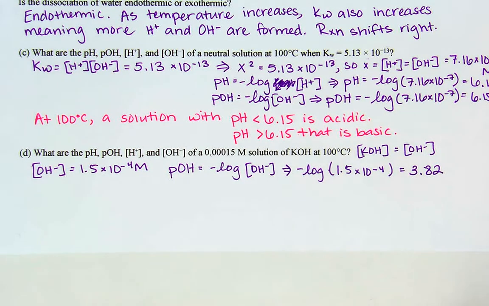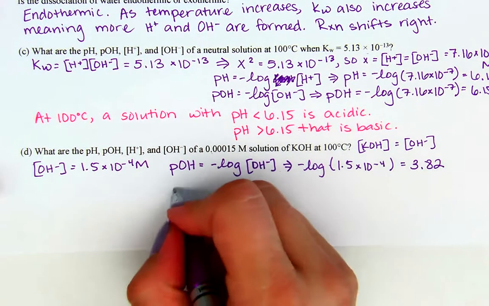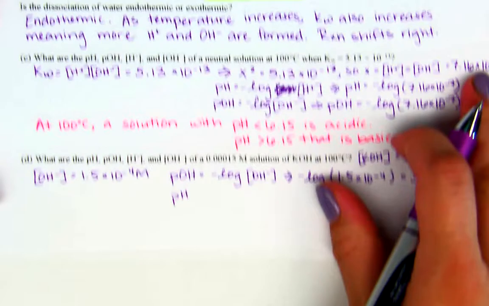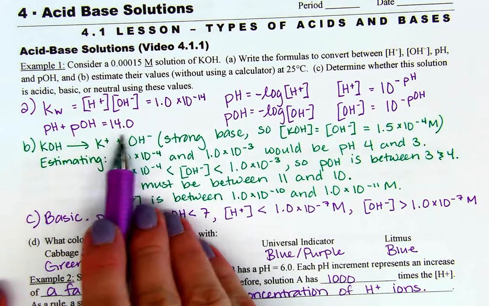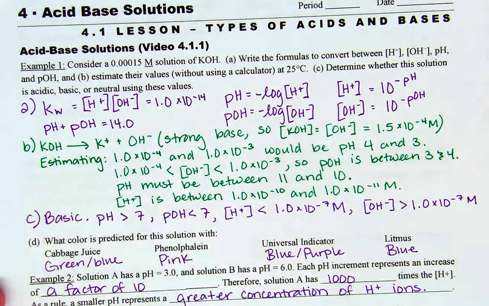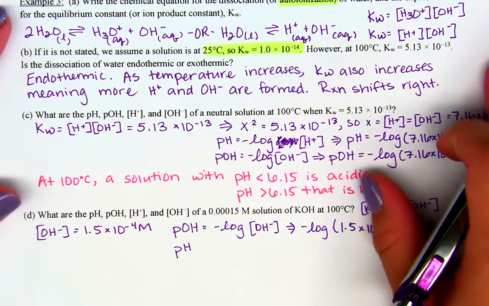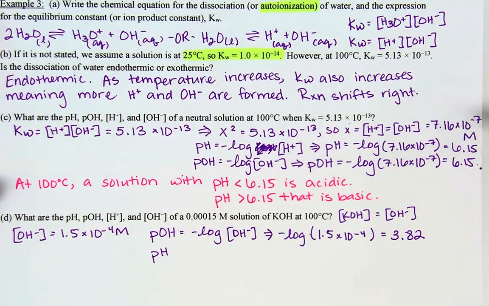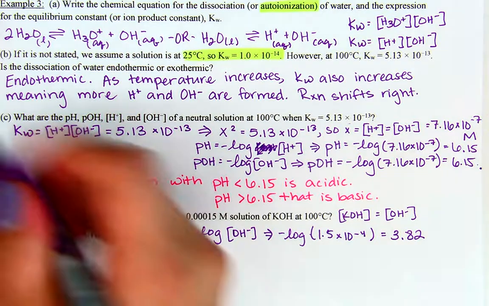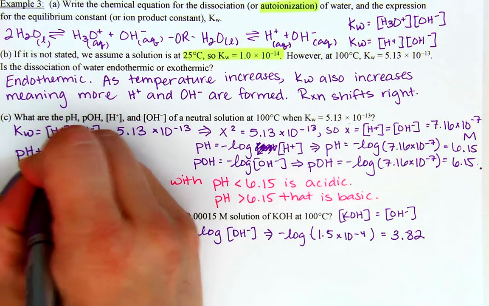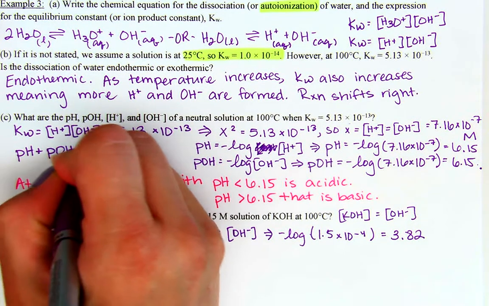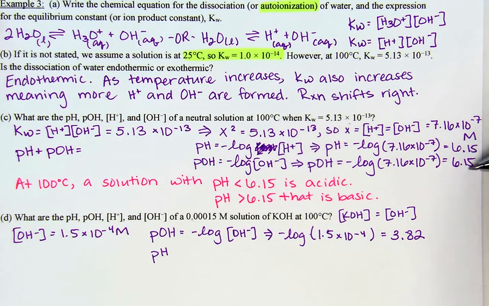That's your pOH. pH, well, up here we said that pH plus pOH equals 14, but now we're at 100 degrees Celsius, and we found over here that our pH is 6.15 and our pOH is 6.15. So we can no longer say that pH plus pOH equals 14, but we can say pH plus pOH equals 12.3.